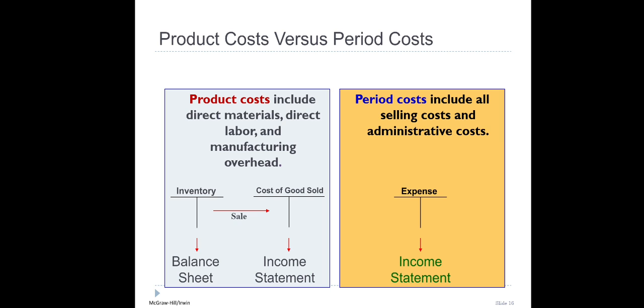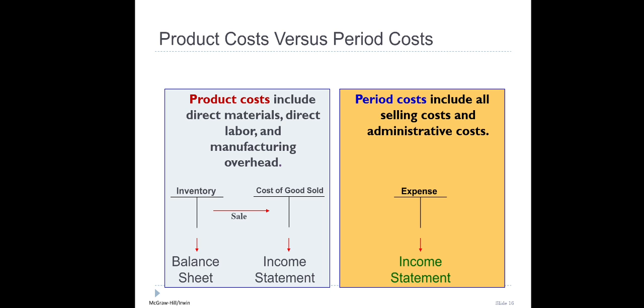But product cost, remember this, the business has to pay the product cost every time one product is produced. Every time one product is produced, the business has to pay the direct material cost, direct labor cost, and overhead cost. So it is product cost.